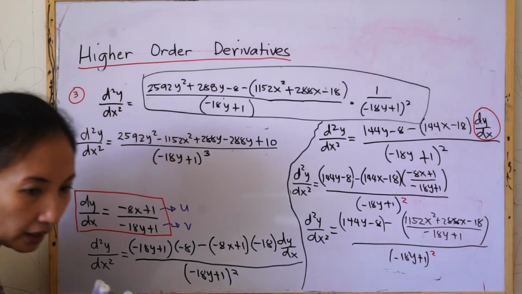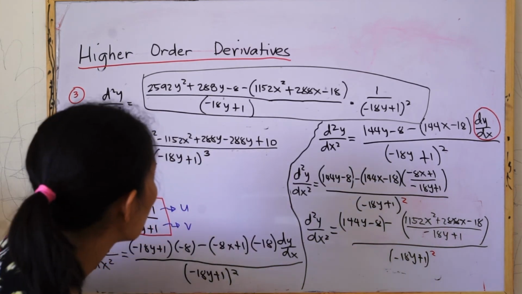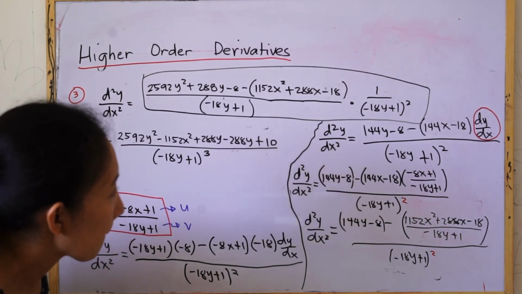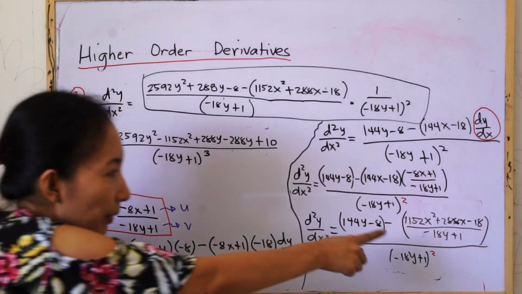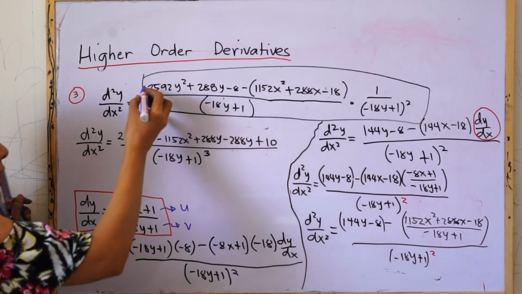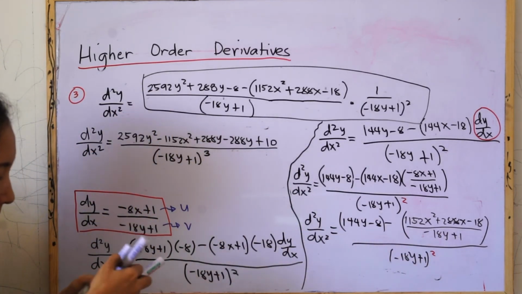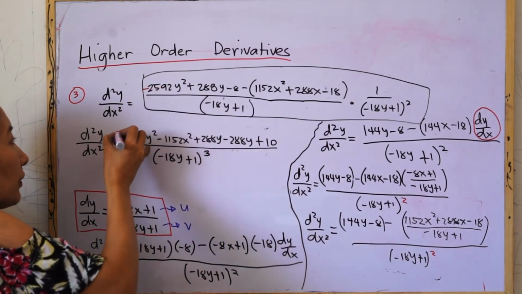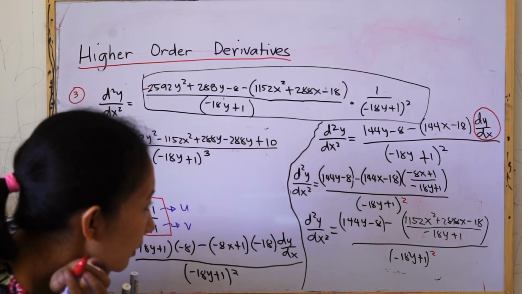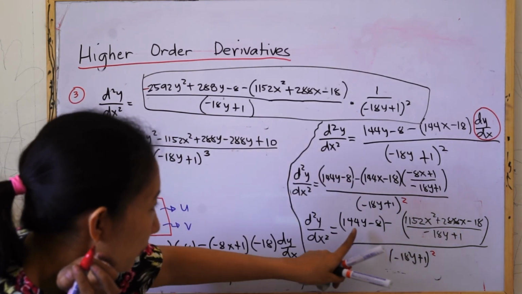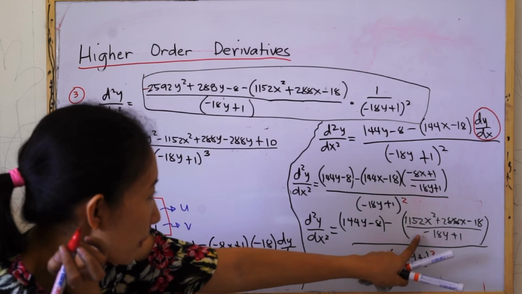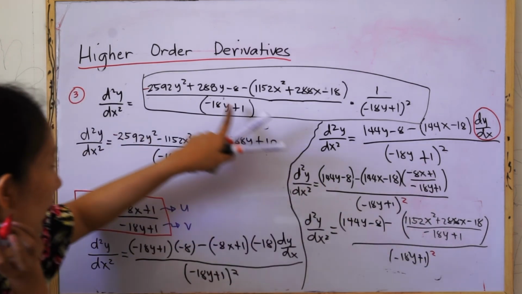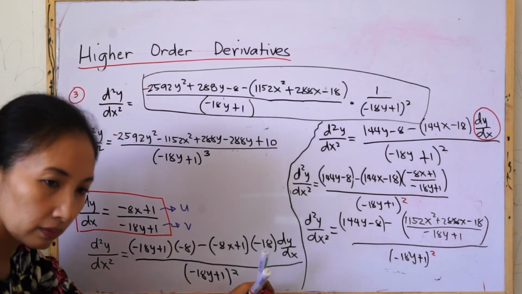The 2592 here, is it negative? Yes, correct, negative from here. Negative 2592, negative 2592. This one will be positive: 144 plus 144, positive 288.